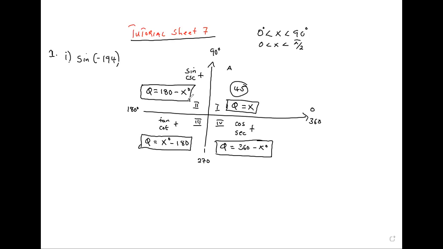Okay, now we go back to our question. Write the trigonometric ratio as the ratio of a positive acute angle.